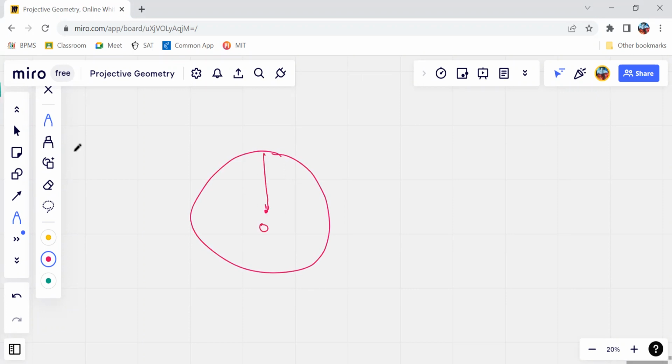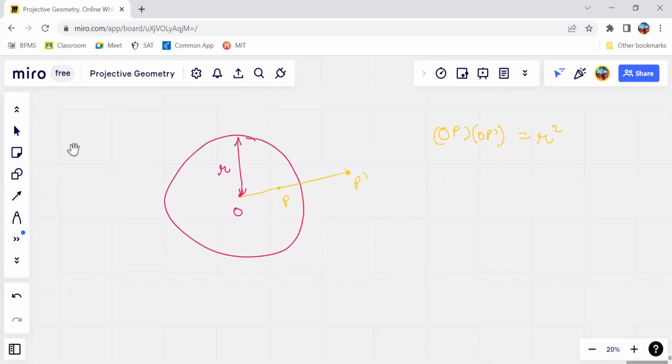Suppose you have this circle O, let's say radius R, and you pick a random point, say P. So its inverse, which we'll denote by P dash, is defined to be the point along ray OP such that OP times OP dash is equal to R square. And okay, that's all we're going to do about inversion.